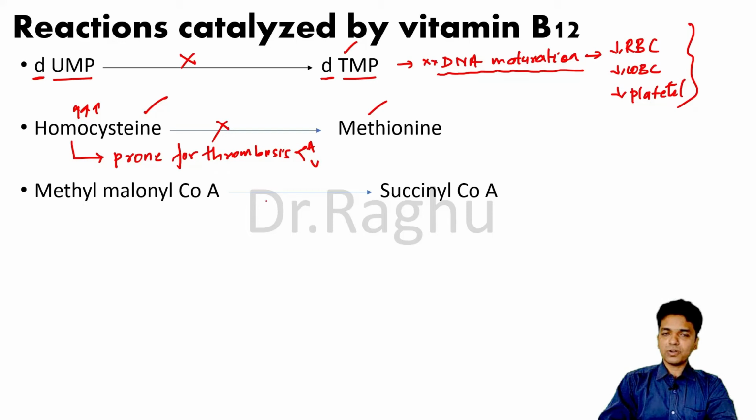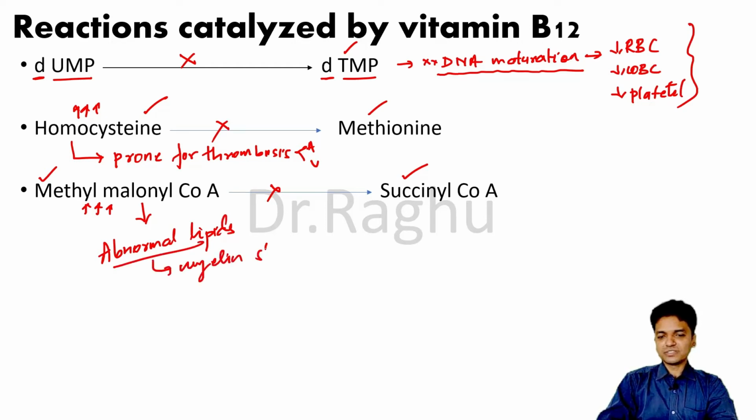And the third important reaction catalyzed by vitamin B12 is conversion of methylmalonyl CoA into succinyl CoA. If this is not occurring, there is an increase in the concentration of methylmalonyl CoA, and the increased concentration is going to incorporate abnormal lipids into the myelin sheath.